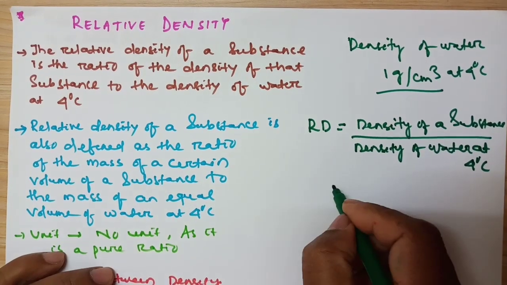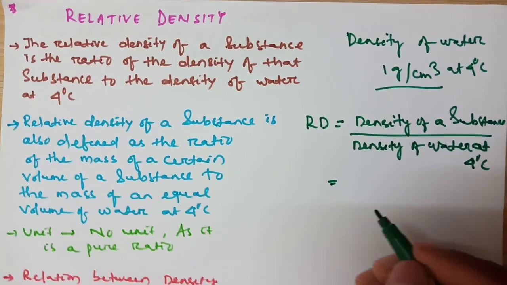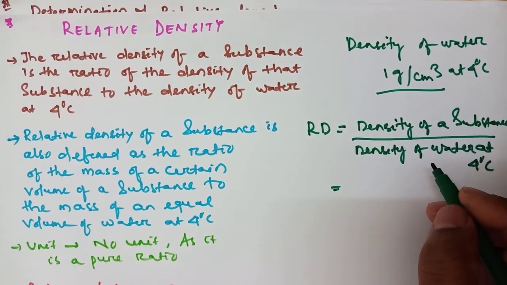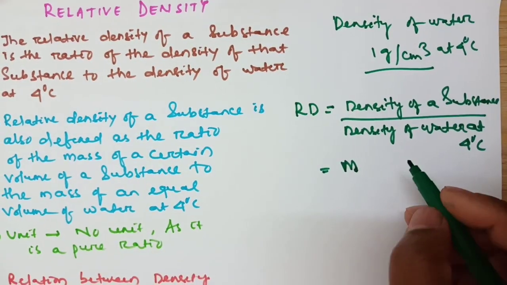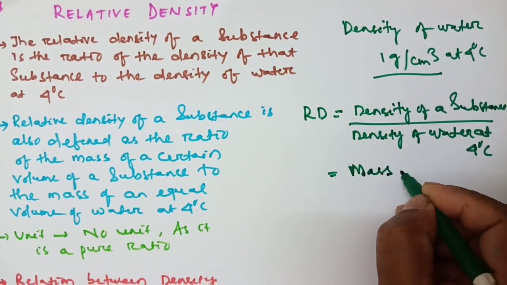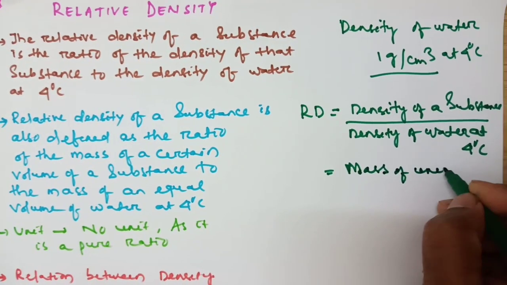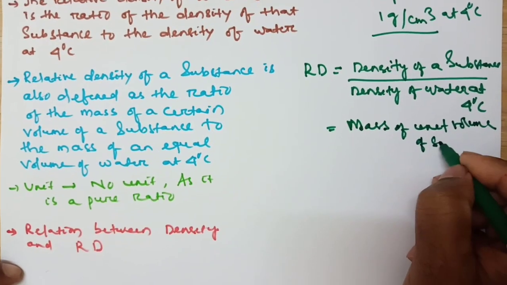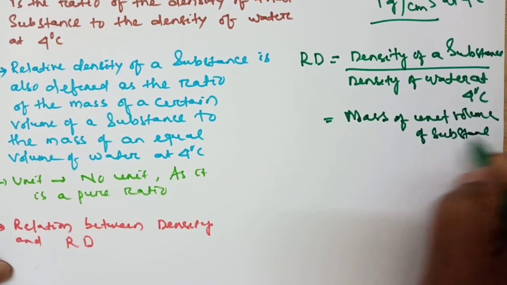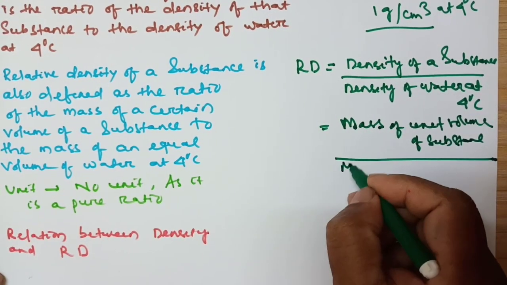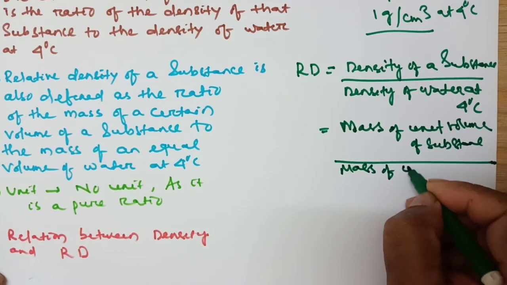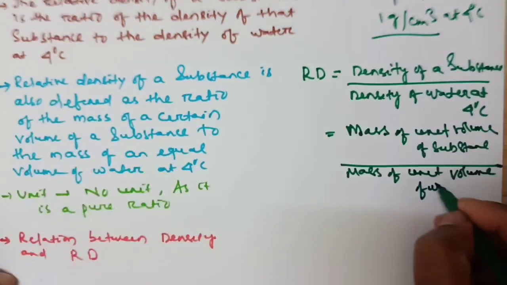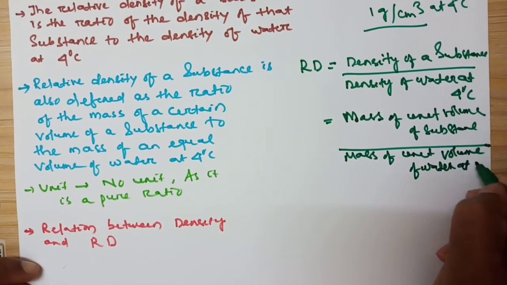Okay, so we convert this. Density means mass of substance by volume of the substance. So you can write mass per unit volume. You can write mass of unit volume of substance by mass of unit volume of water at 4 degrees Celsius.